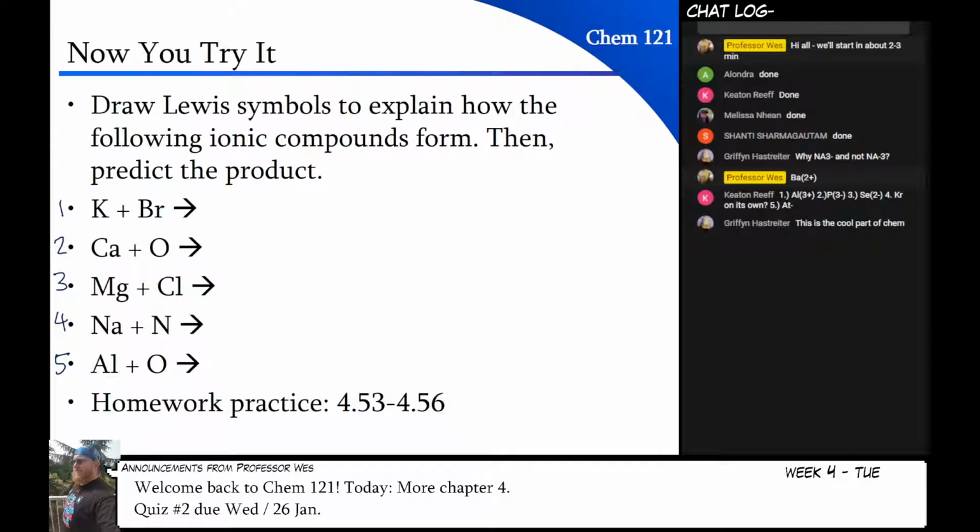Once you have your ionic compounds, write the formulas in the chat as best you can.